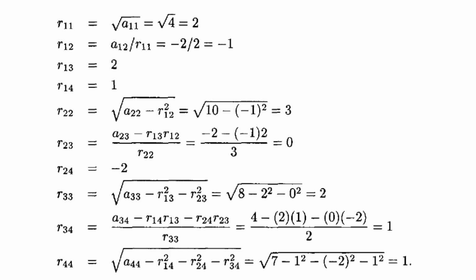These values are calculated in the Cholesky decomposition process, that R11 is the square root of A11 and R12 will be calculated as A12 by R11, and so on. All the entries of the R matrix will be calculated here.